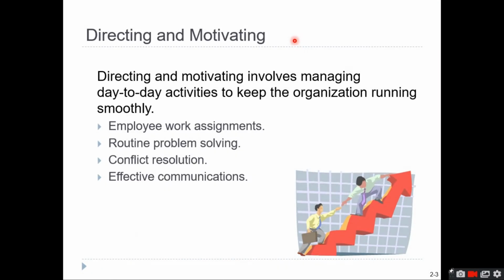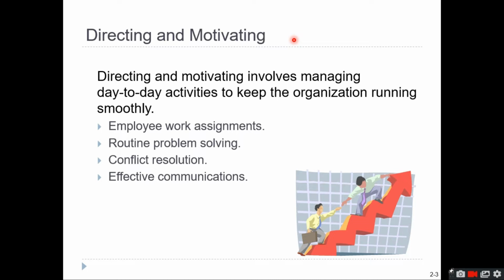Okay. After the planning stage, we're going to direct and motivate our organization, particularly our human resources, and help employees do their job also with the goal of attaining the organization's objectives. So included in the directing and motivating phase will be, number one, assigning work or job functions to various employees.